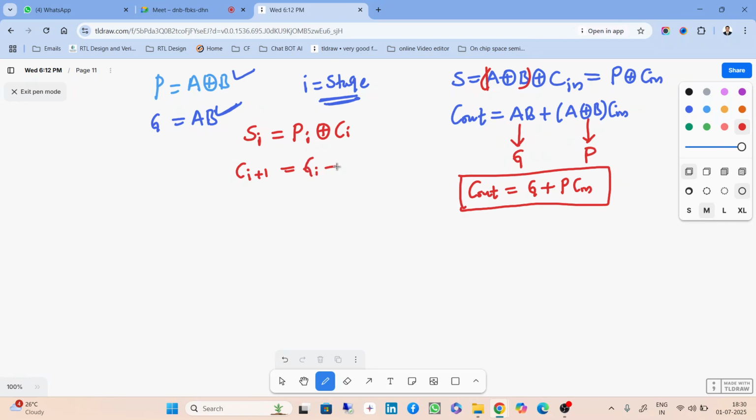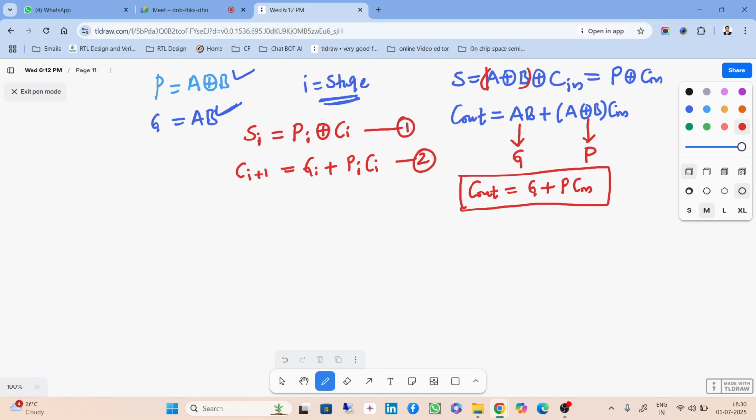Gi plus Pi into Ci. Ci is nothing but the input carry, means input from the previous stage. This is nothing but the next stage carry. So can I write like this if it is the ith stage? Please give response.